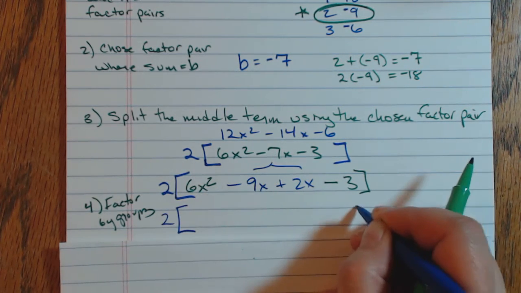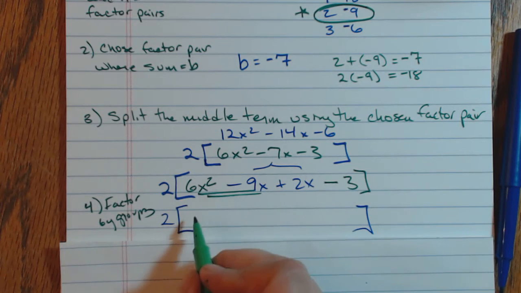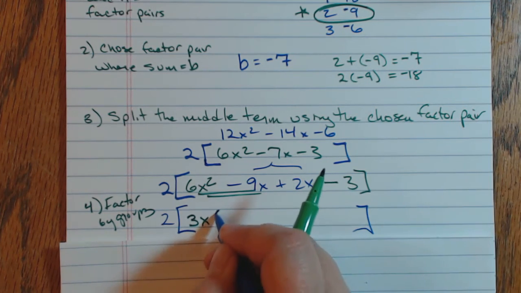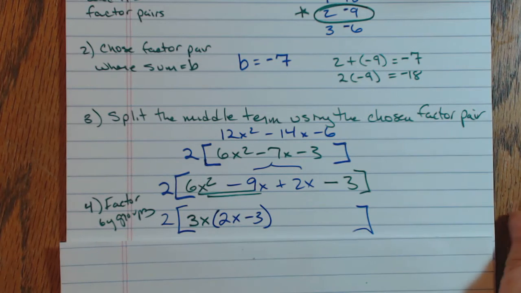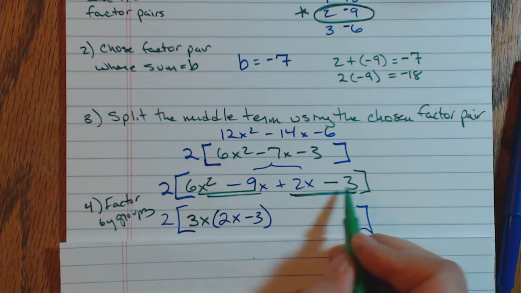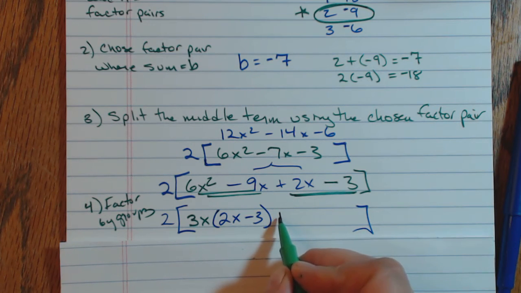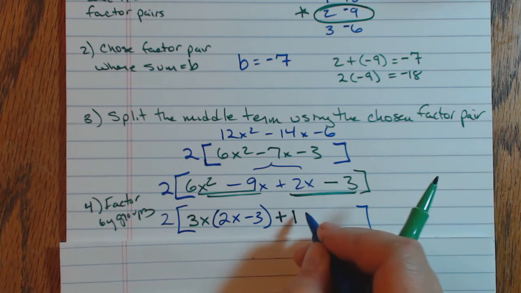So inside my bracket, my first two terms have a greatest common factor of 3x. So when I pull that out, I'm left with a 2x minus 3. And my second two terms don't have any greatest common factor that I see, so I have to always pull something out, even if it is only, in this case, 1.